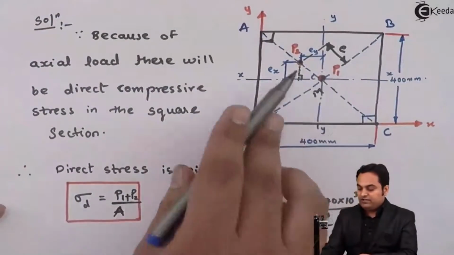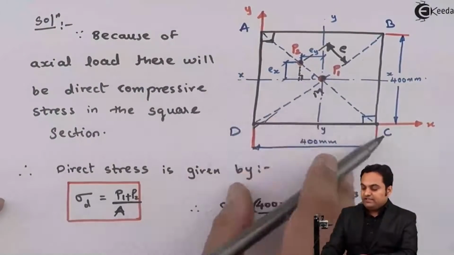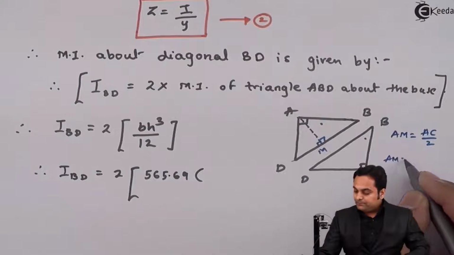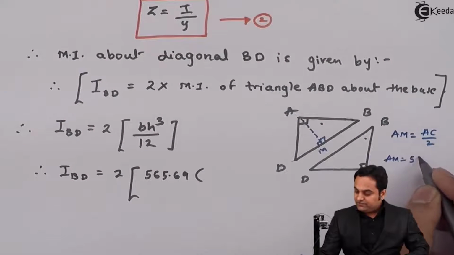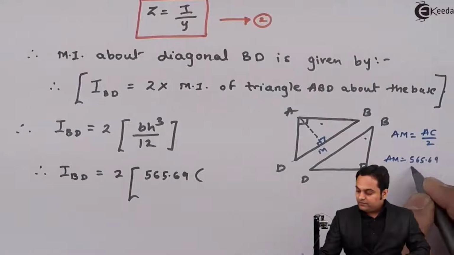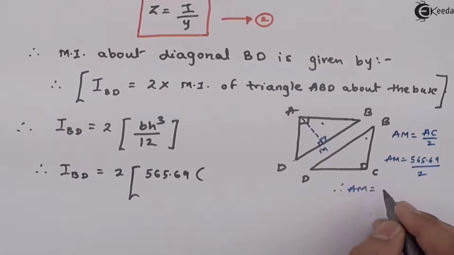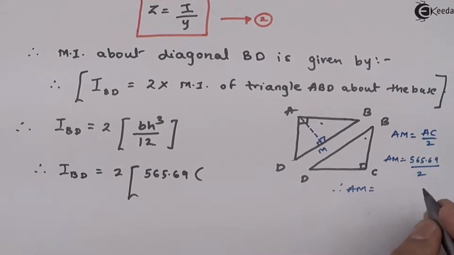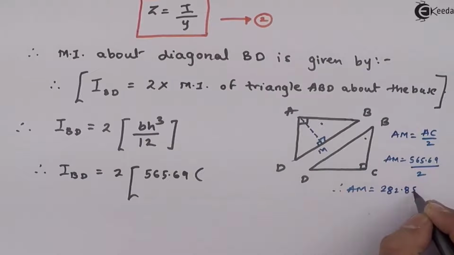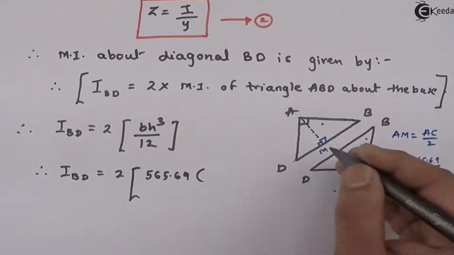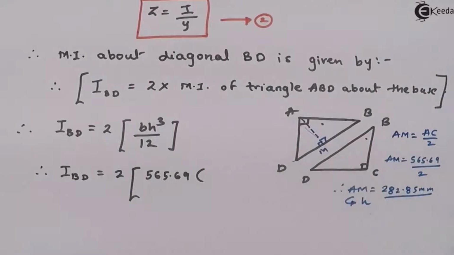AM is half of AC, and AC was equal to BD, 565.69, so divide that by 2. So AM comes out to be 282.85 mm. This AM is nothing but small h, the height of the triangle.